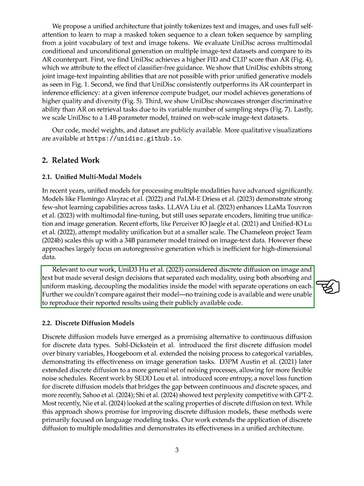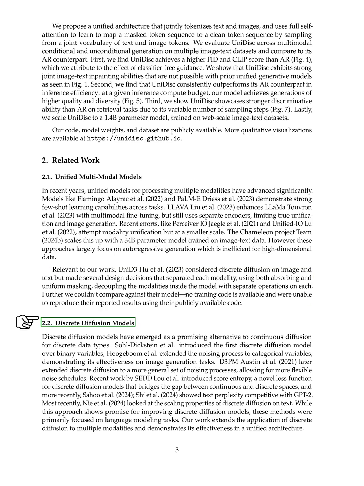Section: Discrete diffusion models. In this section, we discuss discrete diffusion models, which have become a promising alternative to continuous diffusion for handling discrete data types. We note that the first discrete diffusion model was introduced for binary variables and later expanded to include categorical variables, proving effective in generating images.